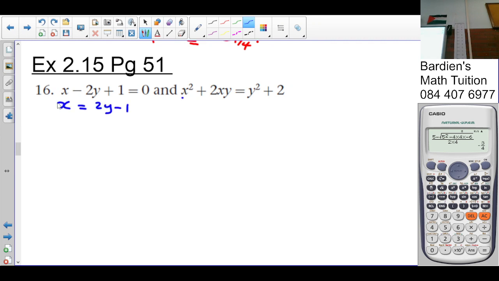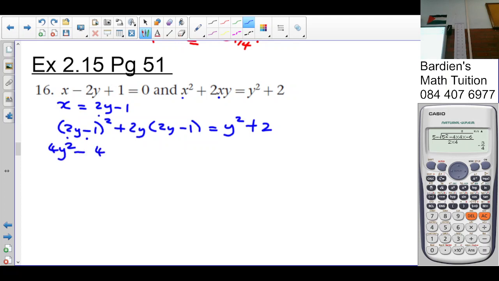Wherever I see an x, I put the 2y minus 1. So it's (2y minus 1) squared plus 2y times (2y minus 1) equals y squared plus 2. The binomial squared is going to give you 4y squared, that times 2, it's negative 4y plus 1, plus 4y squared minus 2y equals y squared plus 2.